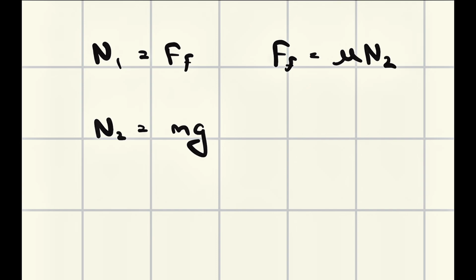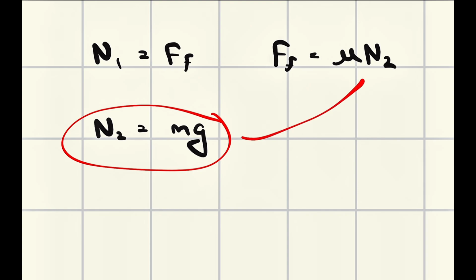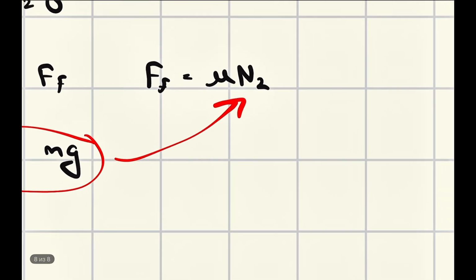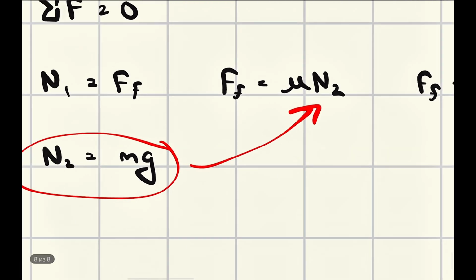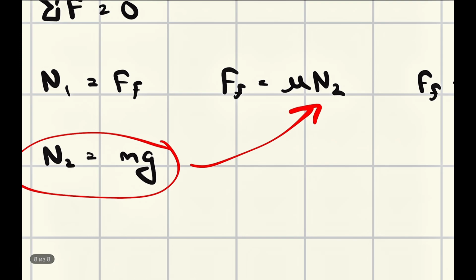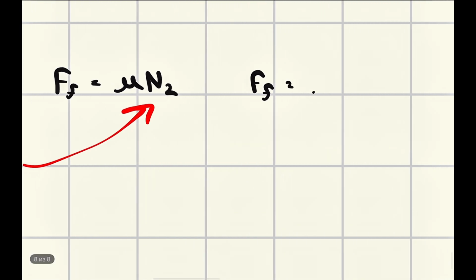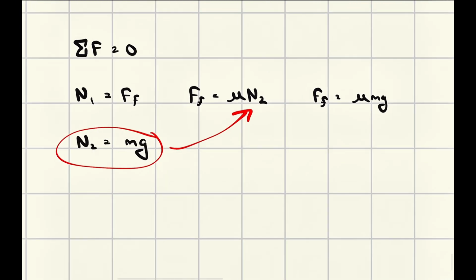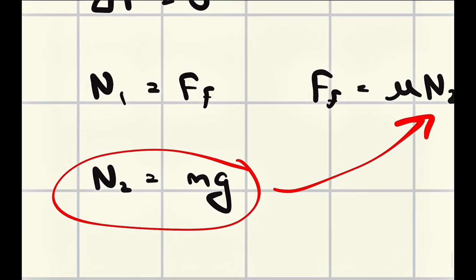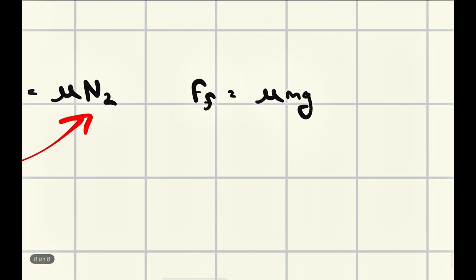And I have N2 right here. I can put it here, which gives me friction force equals mu mg. And my N1 equals friction force, which means that N1 equals mu mg.